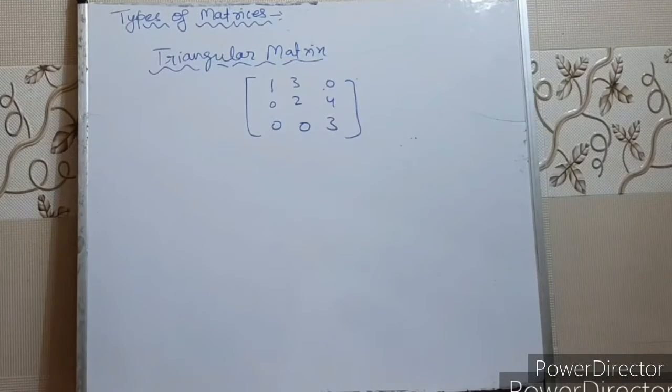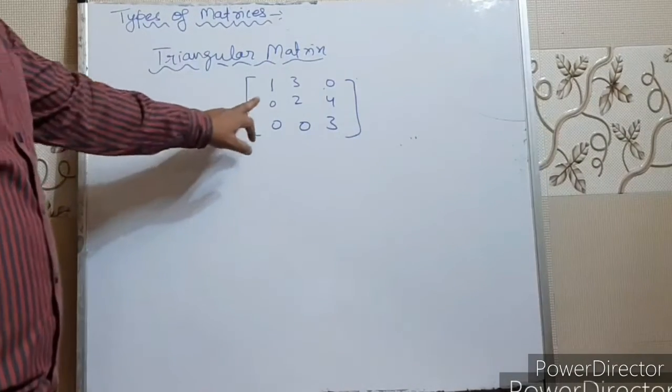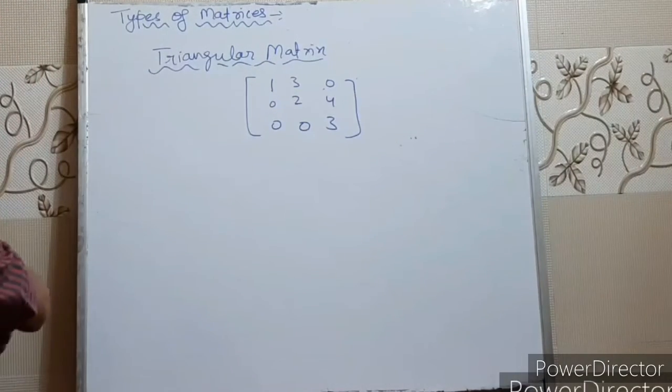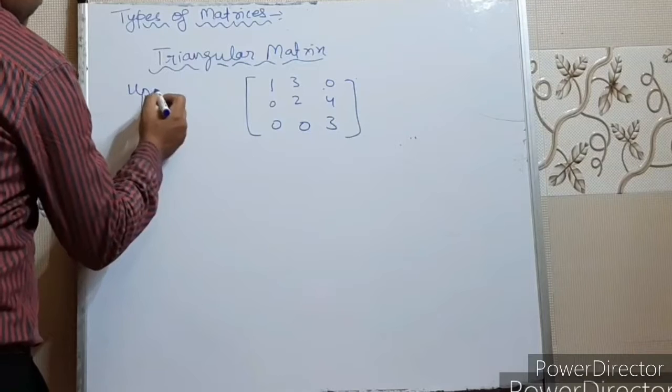Children, see here, I have taken a matrix in which all the elements below the principal diagonal are 0. So this is an upper triangular matrix.